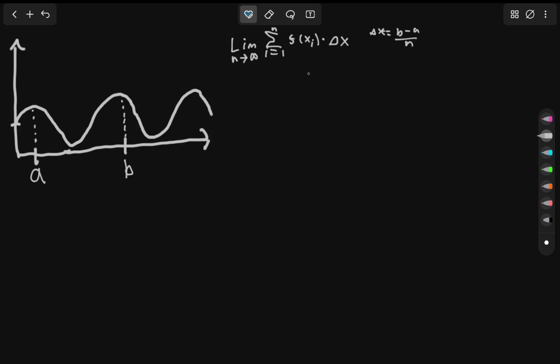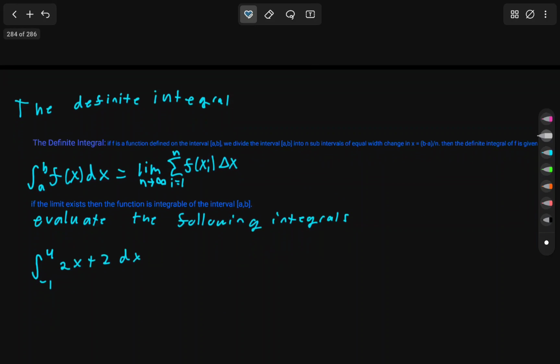This value here is going to no longer be an approximation for the area. It is going to be the exact area under the curve. And as we're going to see in a moment, this is going to be a very big idea.